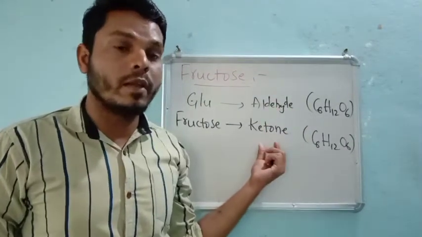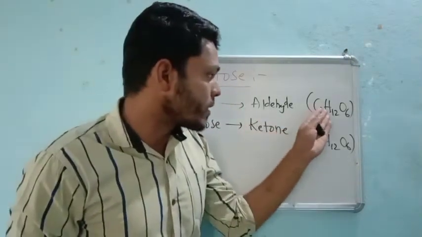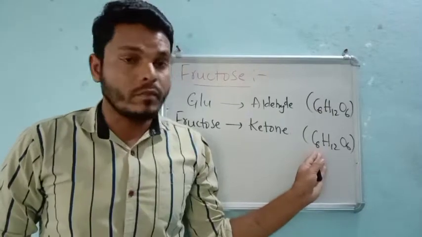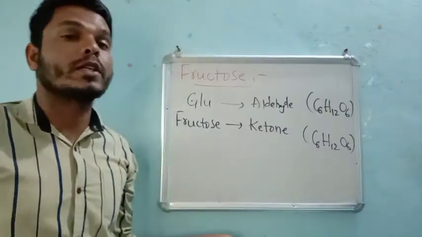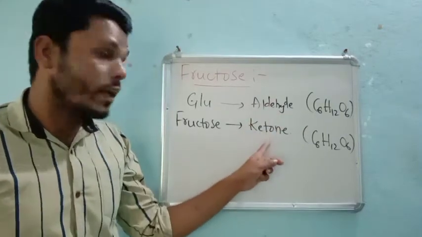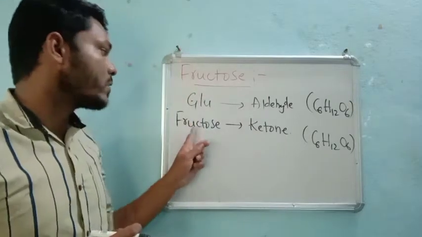This is a very important point. So after seeing these two, you might ask, sir, how do they become two different monosaccharides? This is where we decide whether it is fructose or glucose.